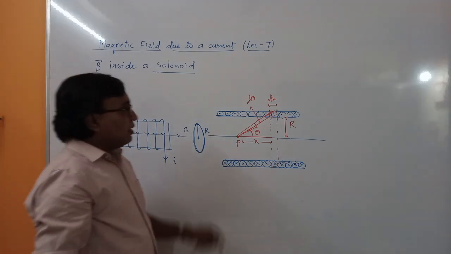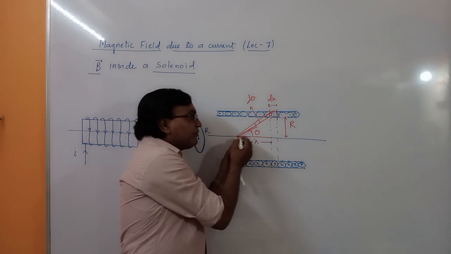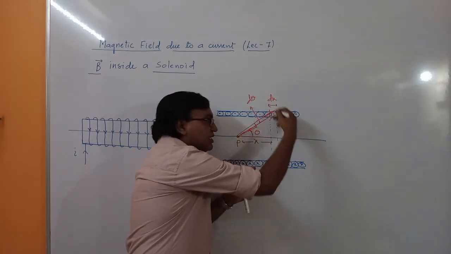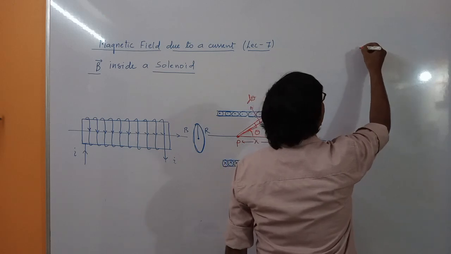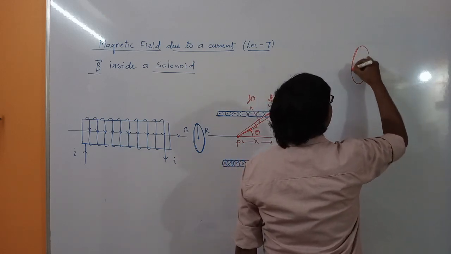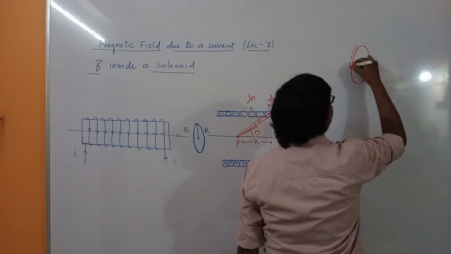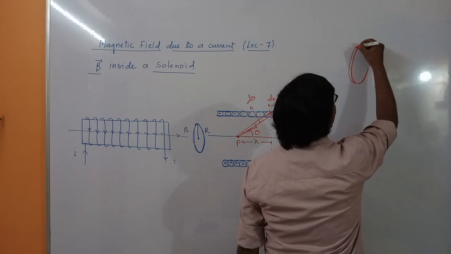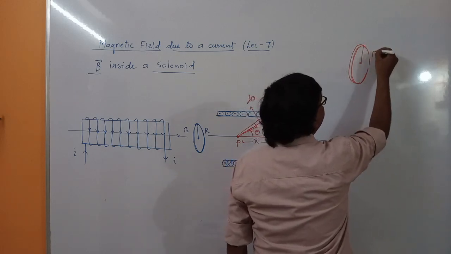Fine. Now we want to find the magnetic field due to this small ring. So we have a ring here, I can show it here. This is a ring of some thickness. That thickness is dx. So this is r.